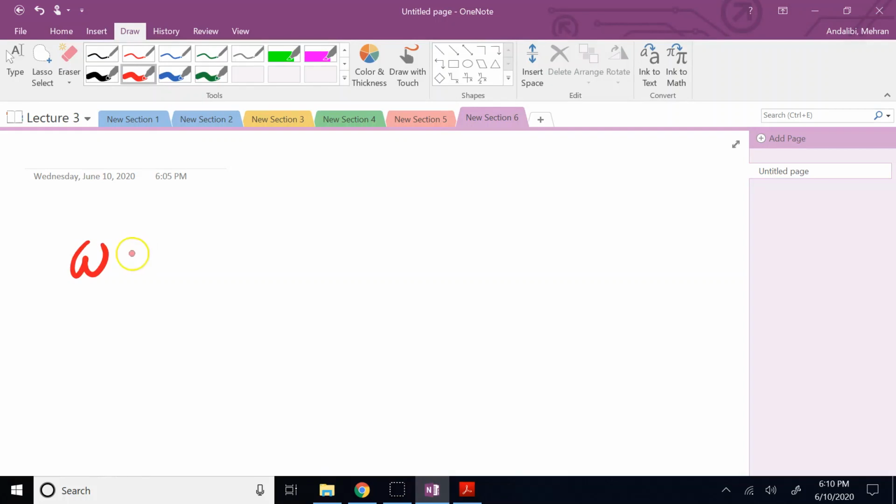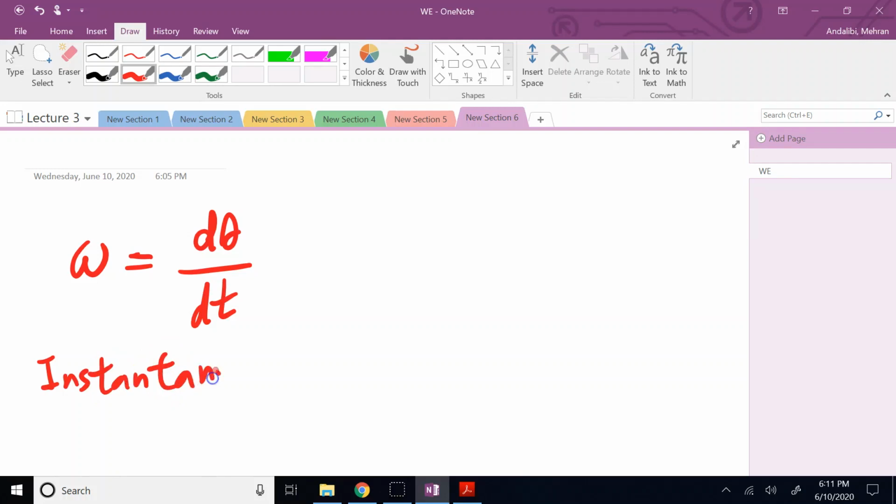Again, angular velocity omega is defined as d theta over dt. This is instantaneous angular velocity.